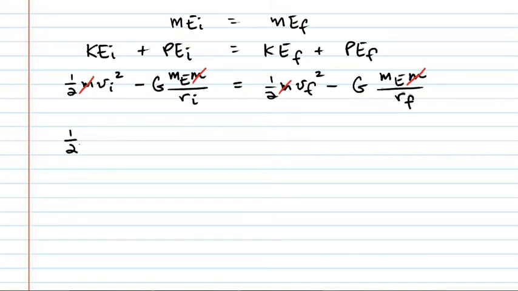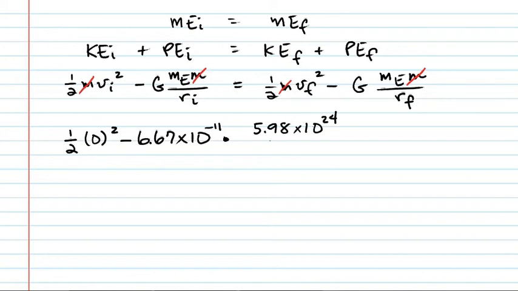So we have 1/2. The V initial is 0 squared minus, the G as well. That's 6.67 times 10 to the negative 11 in SI units. And then it's times the mass of the Earth. That's 5.98 times 10 to the 24 kilograms. Divided by the R initial, which I believe is 10 to the 12 meters.